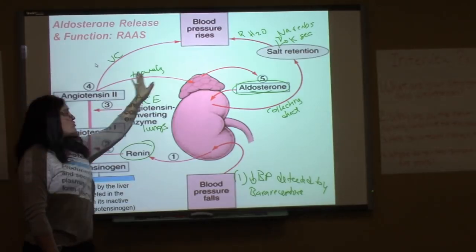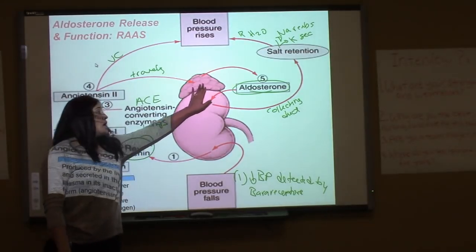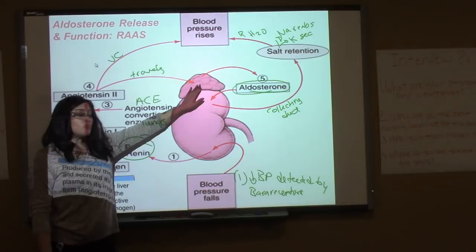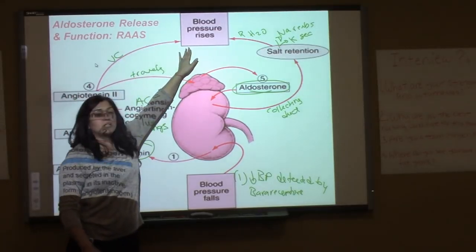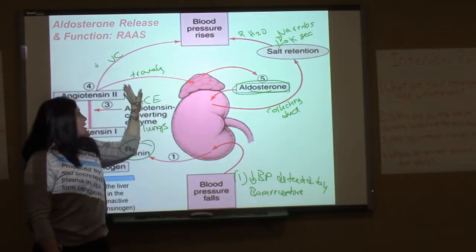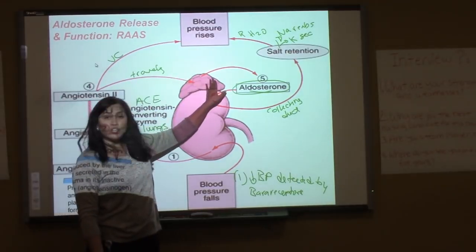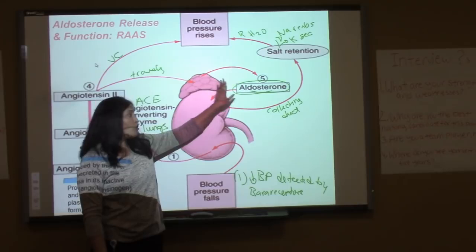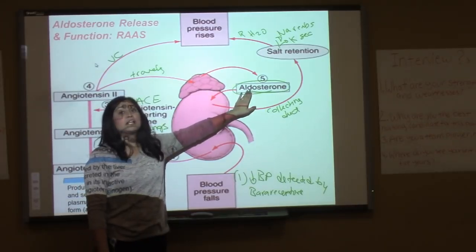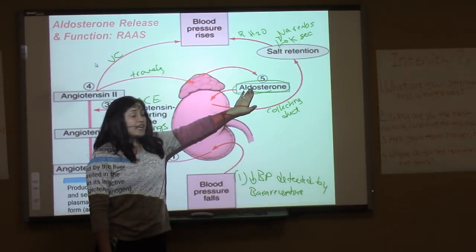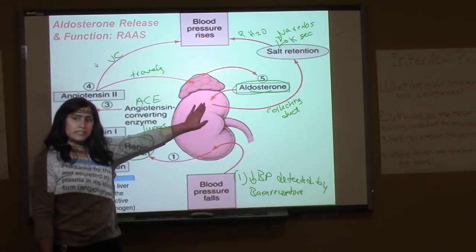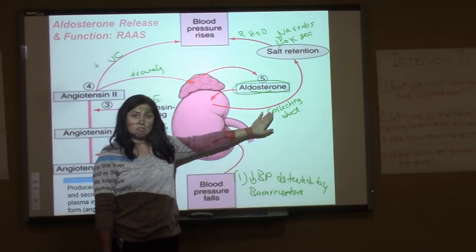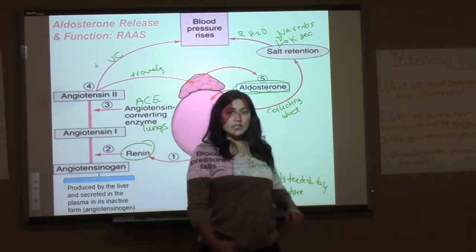Angiotensin 2 now travels to the adrenal cortex. While it's traveling to the adrenal cortex, it's causing the blood vessels to vasoconstrict. That's causing a rise in blood pressure. Now, when it finally finds its way to the adrenal cortex, it causes the adrenal cortex to release another hormone, which is aldosterone. Once aldosterone has been released, it travels to the kidneys, where? To the collecting duct. And what does aldosterone do in the collecting duct?